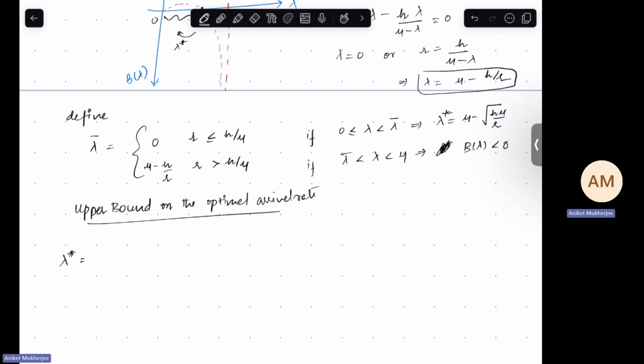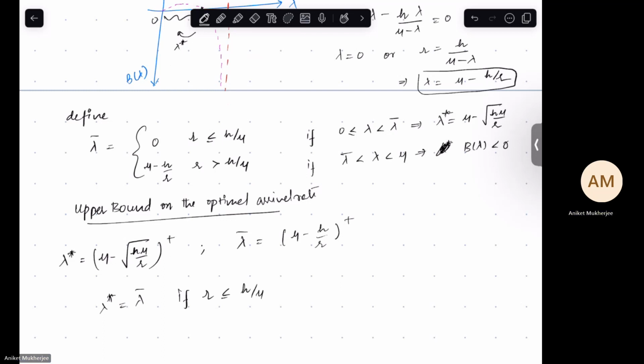Lambda star is (mu minus root h mu by r) plus. This was our optimal value that we derived yesterday. And the bound on this is (mu minus h by r) plus, right? And lambda star equals lambda bar if r is less than or equal to h by mu.